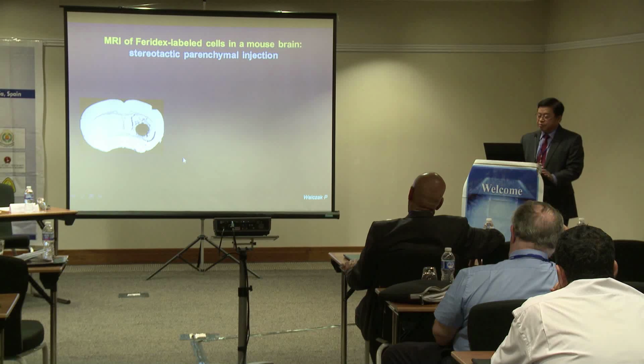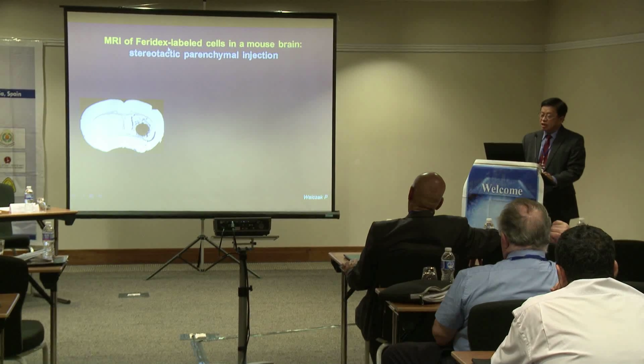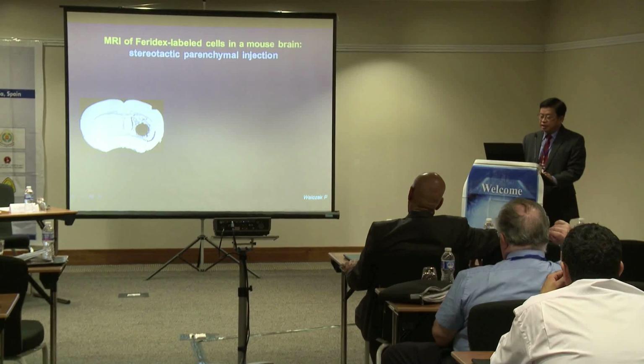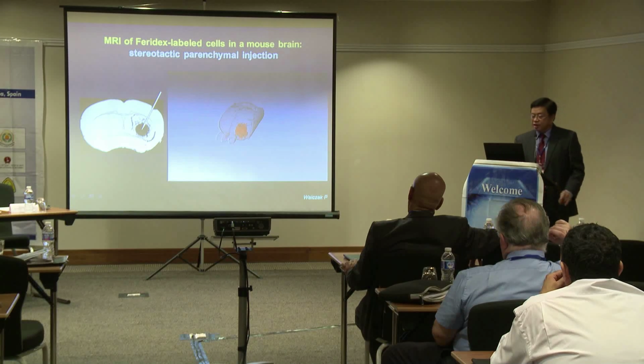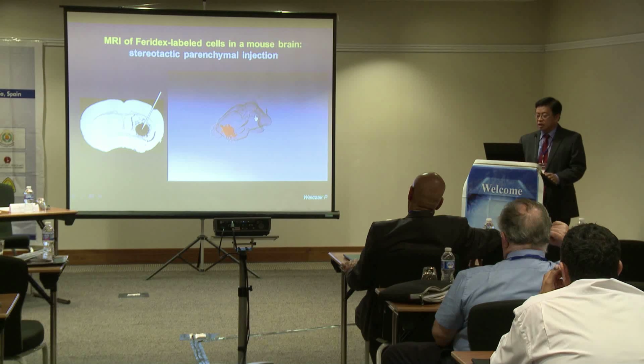We also can use the same technique to inject stem cells into the brain. For example, before injection, we can use an MR contrast agent to label the stem cells, then inject them here. One month later, we can use our advanced software to see how the stem cells migrate into the surrounding tissues, like the crab legs here.